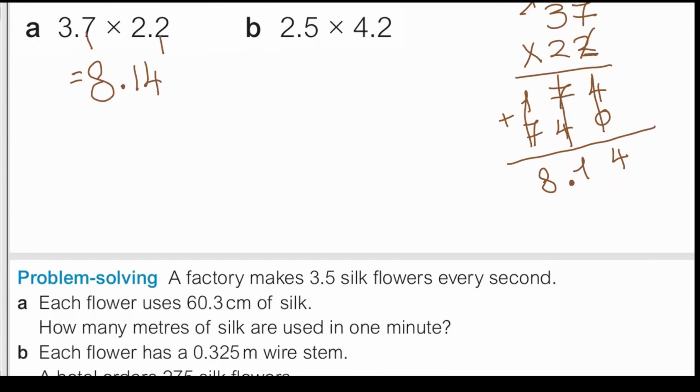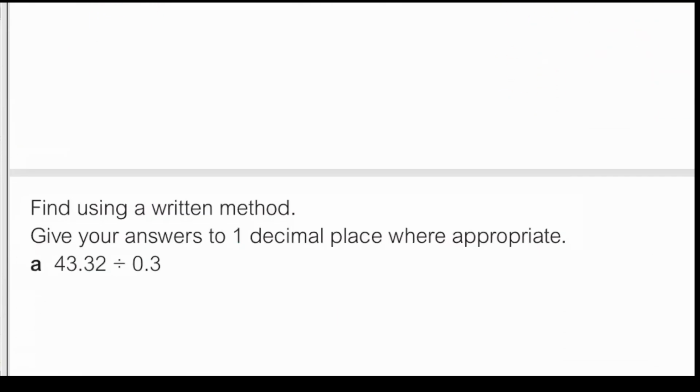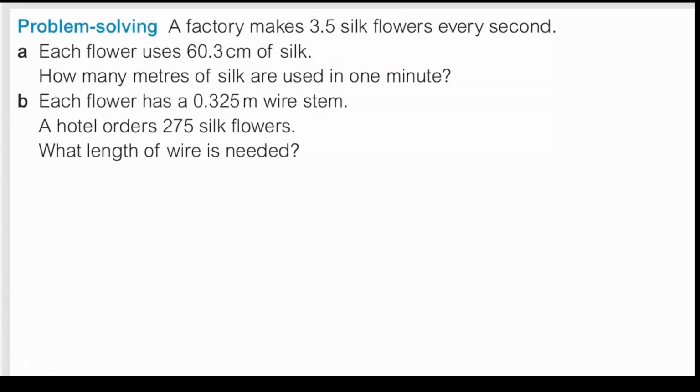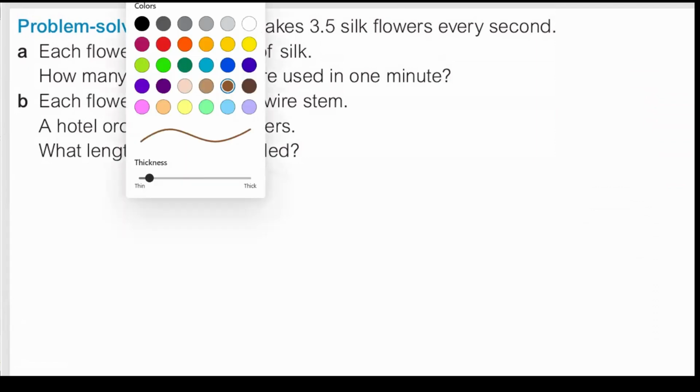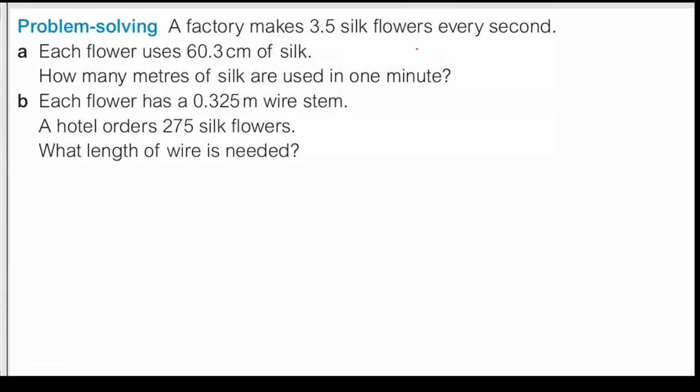Let's see if we can try a word problem. A factory makes 3.5 silk flowers for every second. Each flower uses 16.30 centimeters of silk.